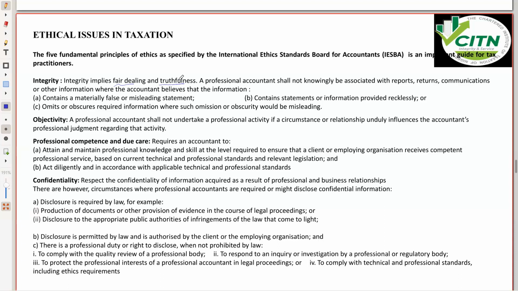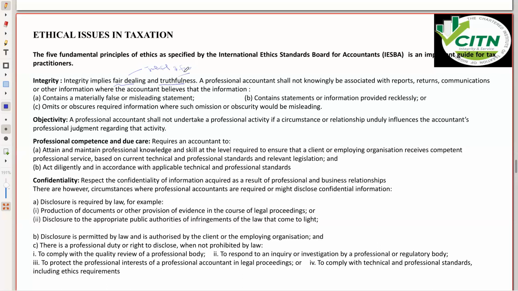In other words, as a tax practitioner who is an accountant, our dealings should be truthful and fair. That's the key ethical principle that we should bear in mind.